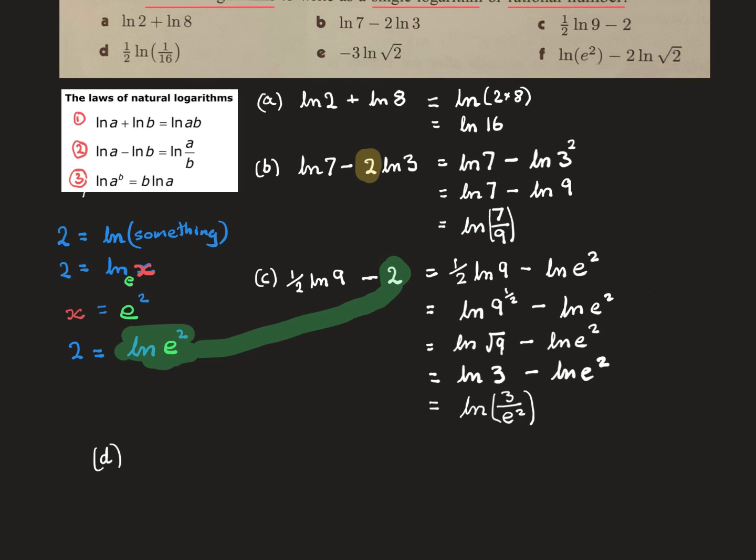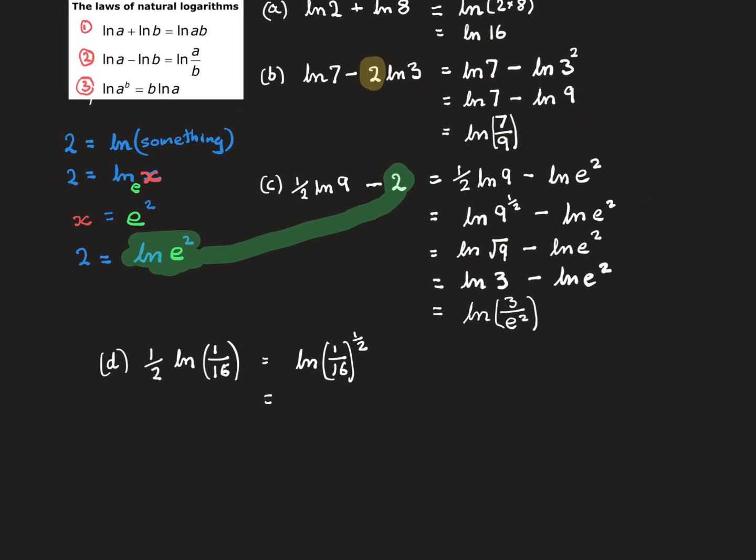You were going to use the third law. We're going to move the half above and put it into the power here. Now, we know that that really means that this is a root. So we can write that that's ln root of 1 over 16.